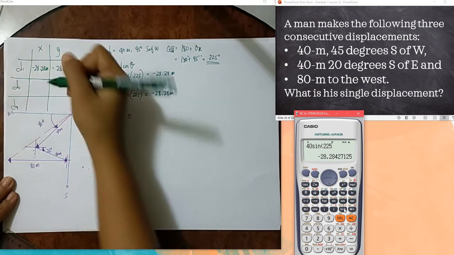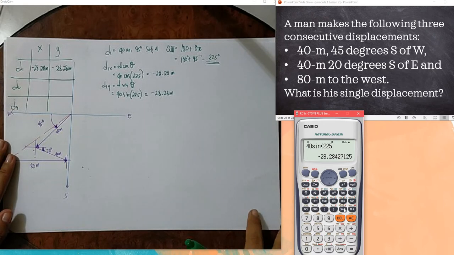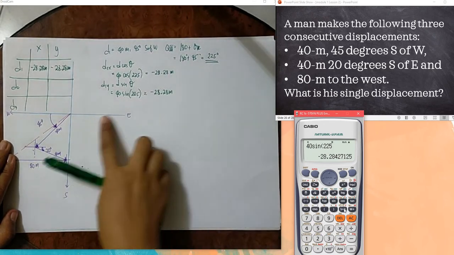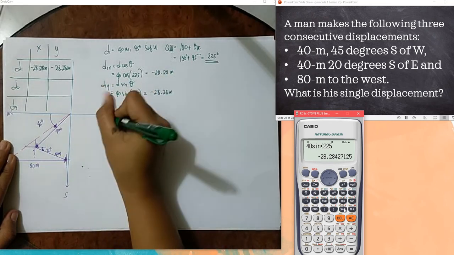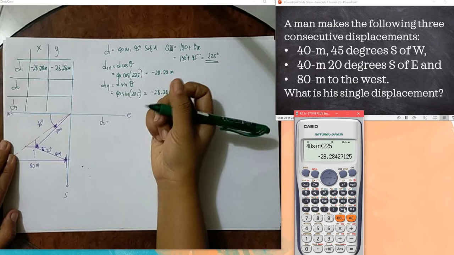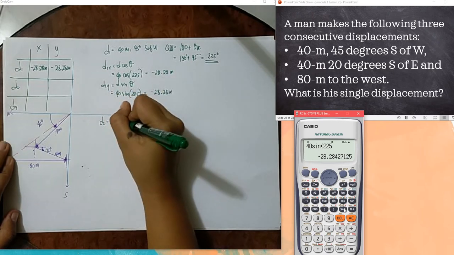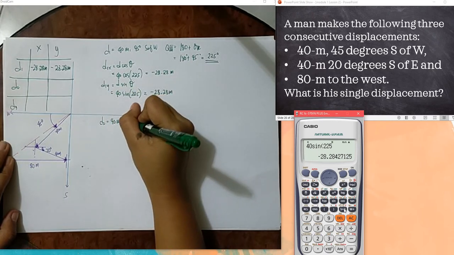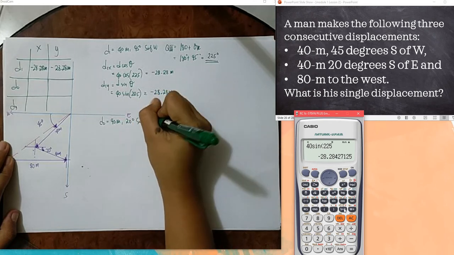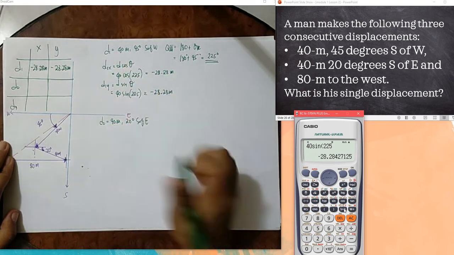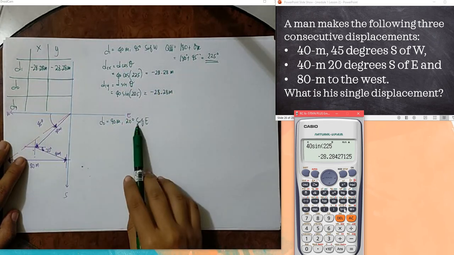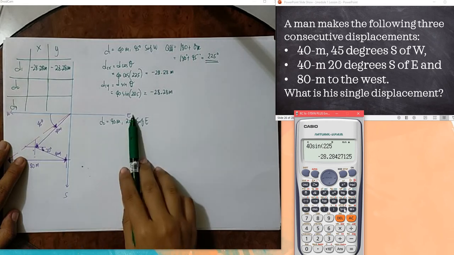There. Okay. Let's go to d sub 2. I'll put the d sub 2 here. Here. Okay? Our d sub 2 is 40 meters, 20 degrees south of east. How will we get our angle? The final angle to put in the equation. Take note that south and east is in the fourth quadrant.